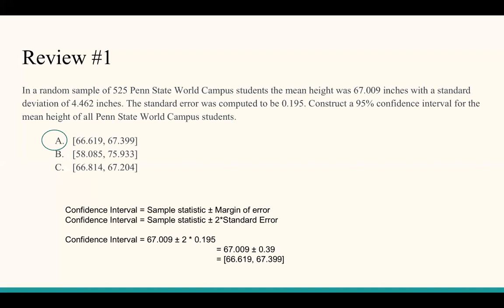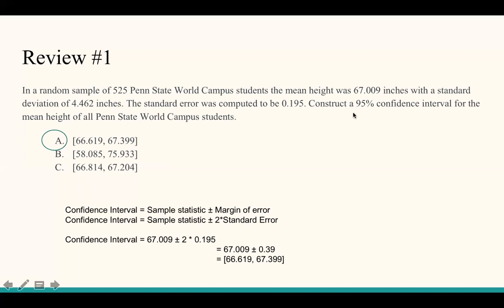And then C, I think C was just adding the standard error without using the multiplier. So you want to make sure you use the multiplier. It's kind of confusing sometimes with the margin of error being used, and then you have to remember that that's another separate formula because you won't be given just the margin of error.